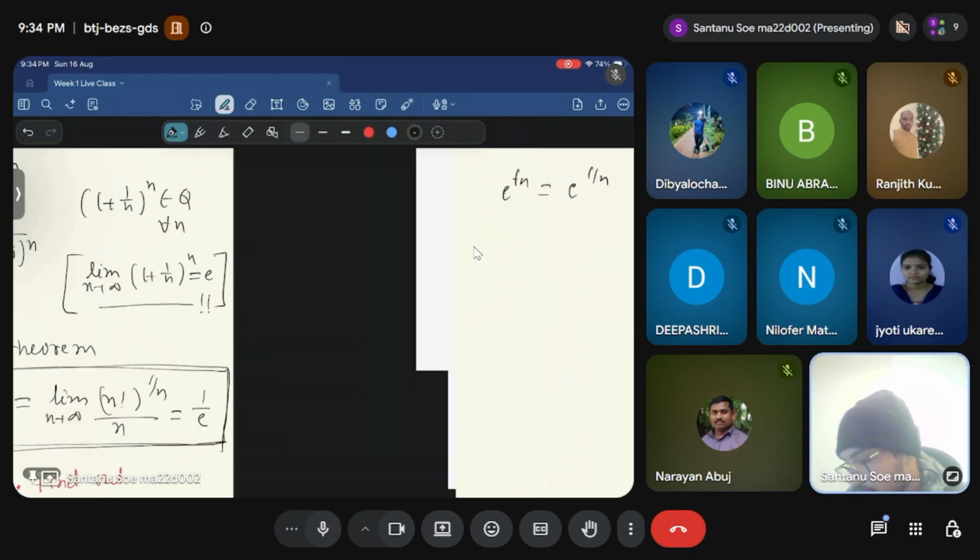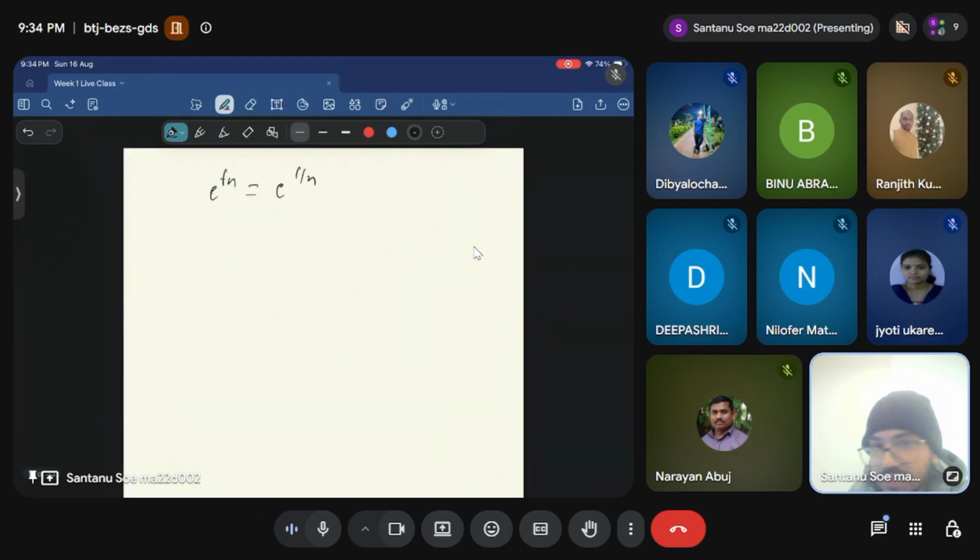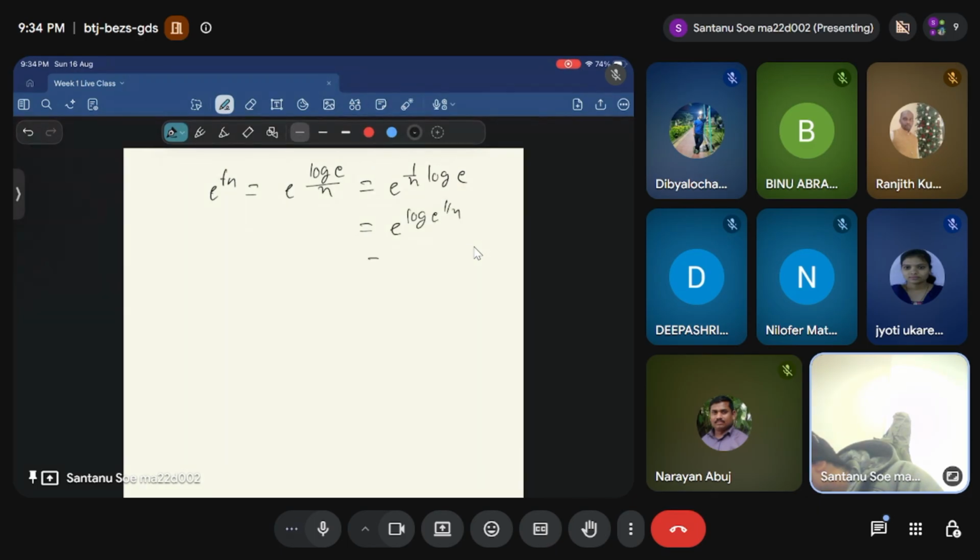Because T_n is log c by n, if you take e to the power T_n, it will be e to the power log c by n, which is the same as e to the power 1 by n log c, the same as e to the power log c to the power 1 by n, and this is the same as c to the power 1 by n.